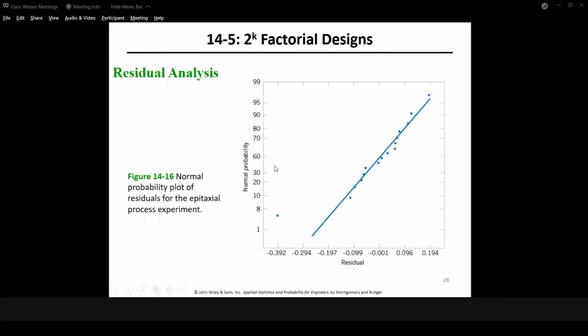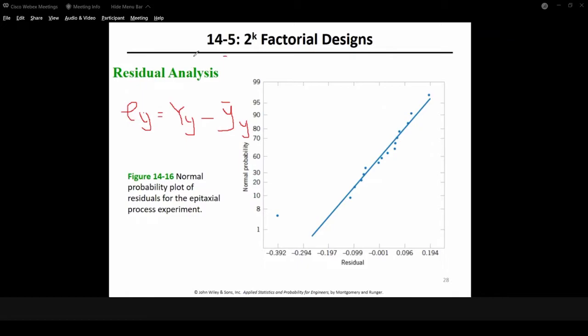Remember, residual analysis: the actual observation, Yijk, minus Y bar ij.